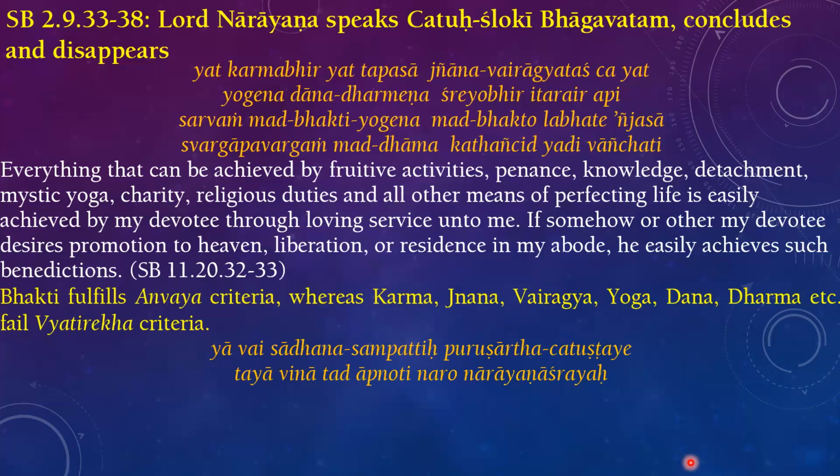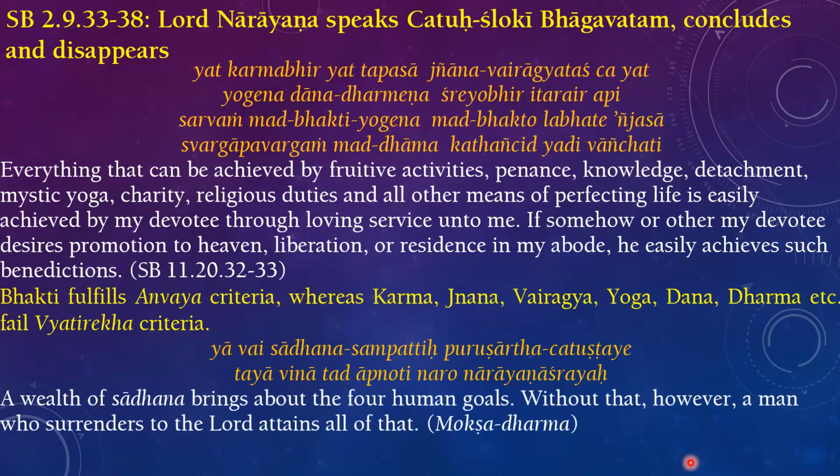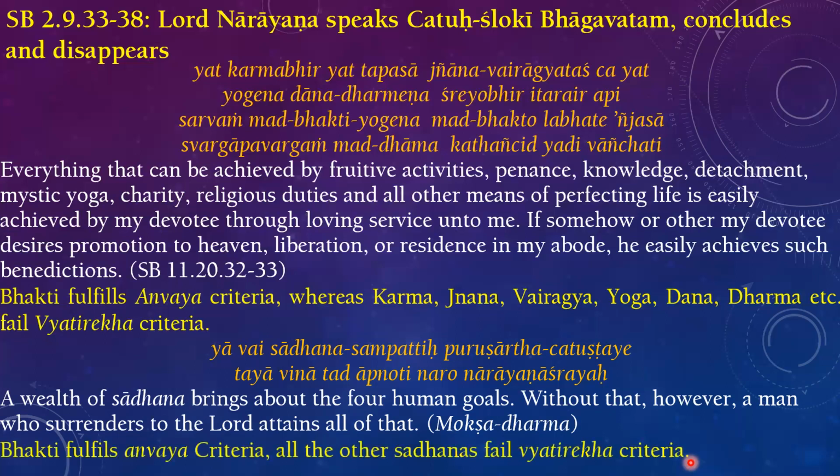या वै साधन संपत्ति पुरुषार्था च तुष्टये तया विना तदाप्नोति नरो नारायणाश्रया. The wealth of sadhana brings about the four human goals. Without that, however, a man who surrenders to the Lord attains all of that. By the performance of karma, dharma, artha, kama are accomplished.